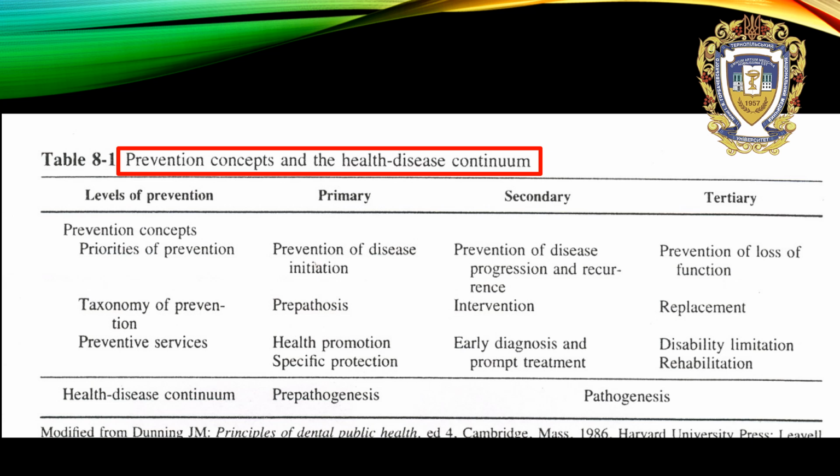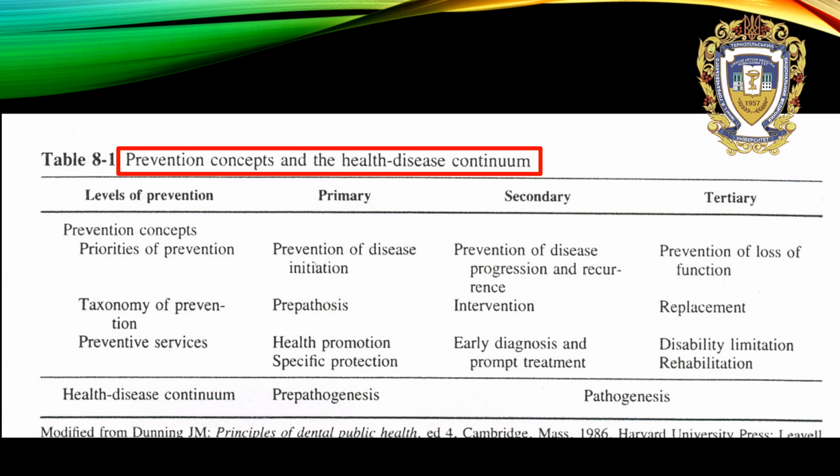And please notice that all prevention concepts are called the health disease continuum. The primary level of prevention, and half of secondary, is called prepathogenesis, before disease development.